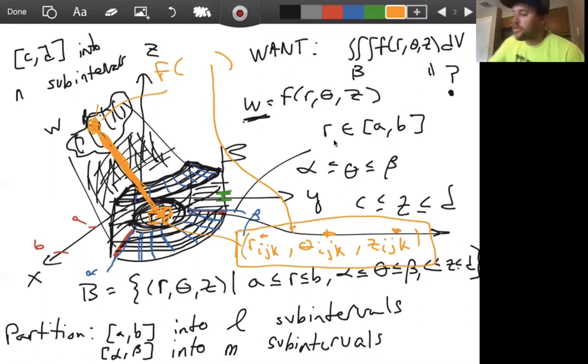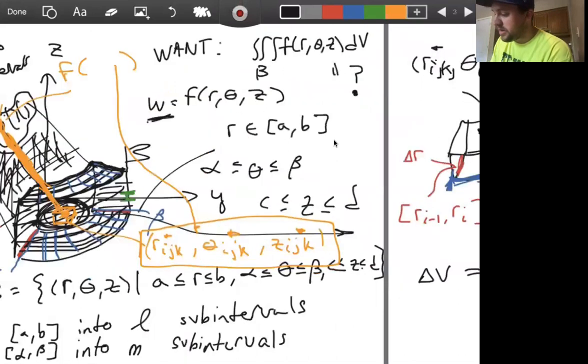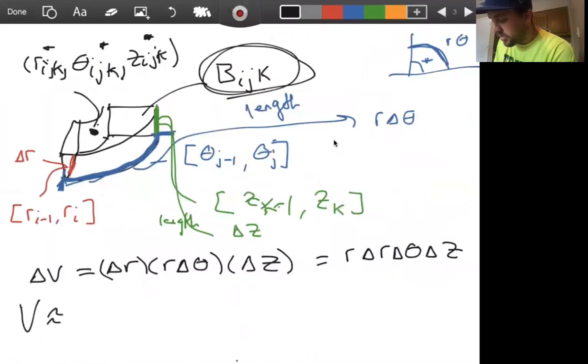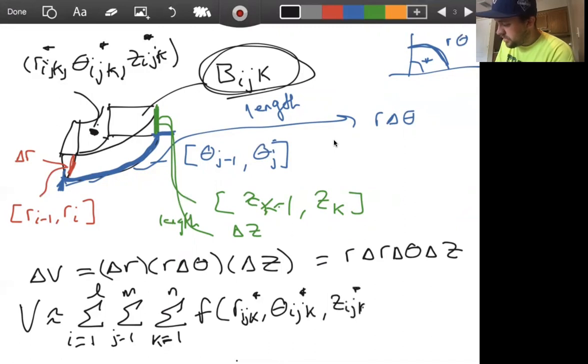And so that means we can approximate the volume of this four-dimensional solid by taking the triple sum, where i runs from 1 to L, j runs from 1 to M, and k runs from 1 to N of the height, which is f of our sample point, r_ijk star, theta_ijk star, z_ijk star, and then times this delta V here, right?